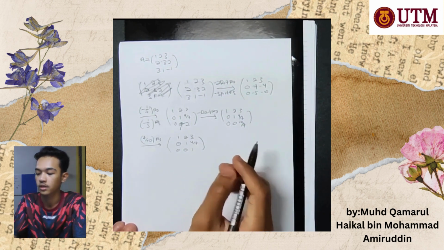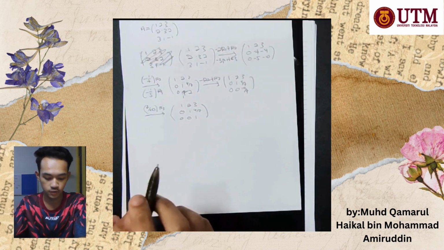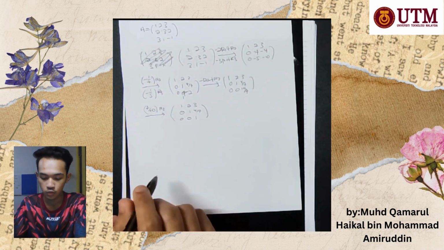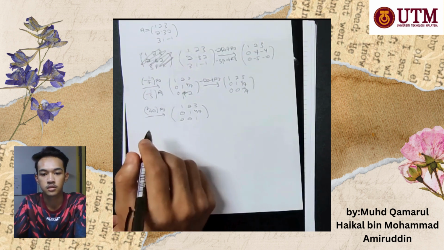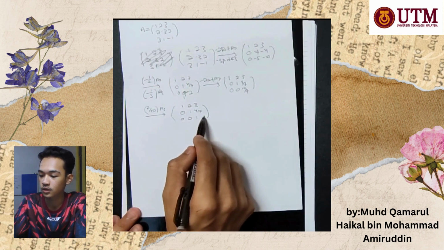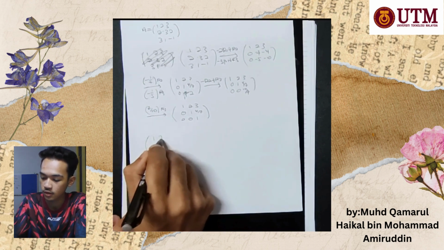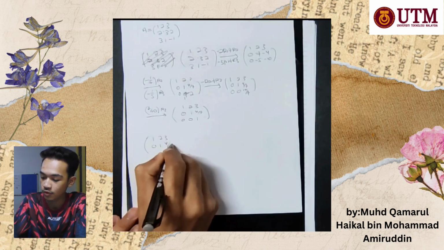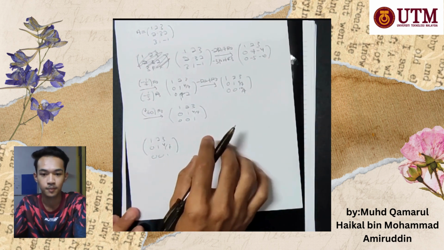Okay, so for question 2, we want a reduced echelon matrix. After we get this answer, we write it again: 1, 2, 3, 0, 1, 4 over 7, 0, 0, 1.